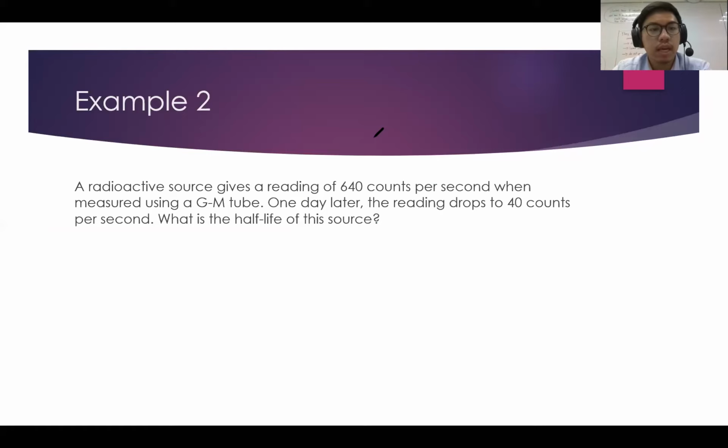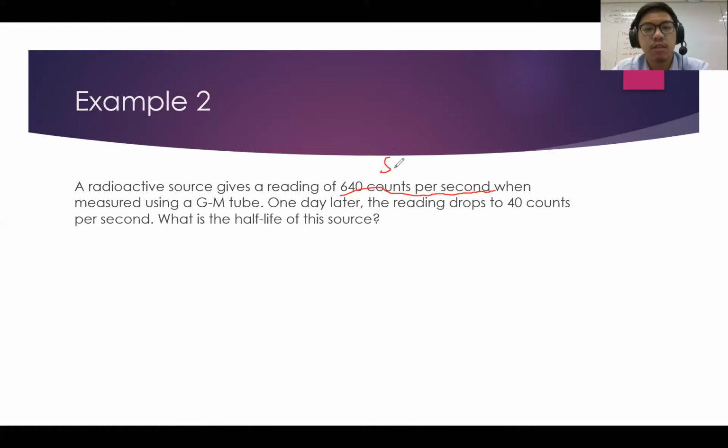Example 2. A radioactive source gives a reading of 640 counts per second when measured using a GM tube. 1 day later, the reading drops to 40 counts per second. What is the half-life of this source? So in this example, you start with 640 counts per second.